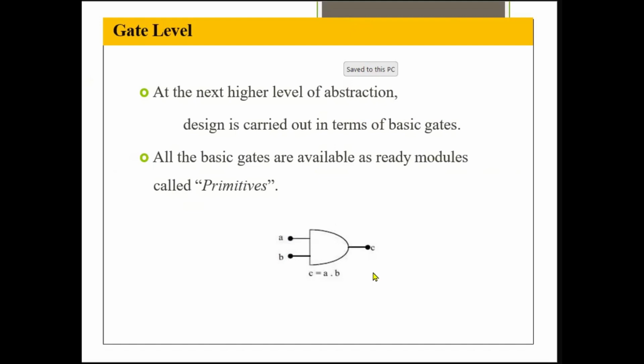This diagram indicates a 2-input AND gate, and the output C is nothing but A ANDed with B. So we are describing the program by instantiating the AND gate here. If you write the program using gate instantiations and primitives, we call it the gate level.